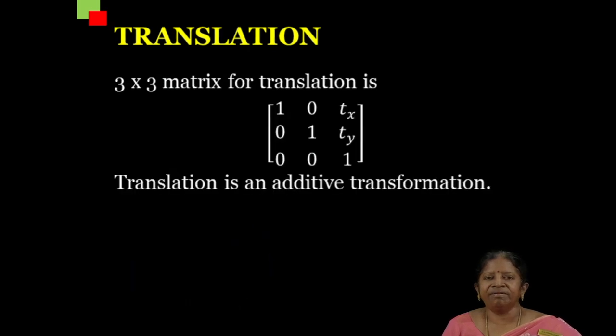Here we have the translation matrix represented in 3 by 3 form. The Tx and Ty are occupying the last column.